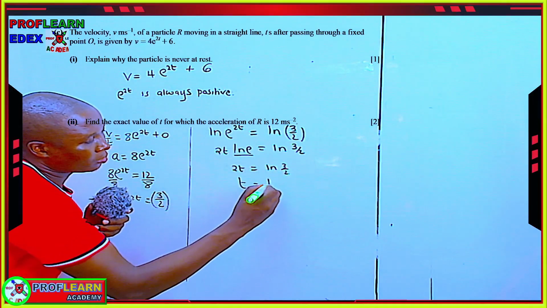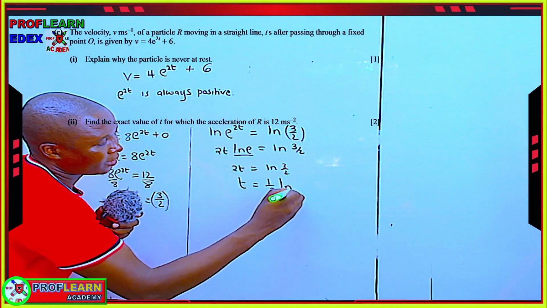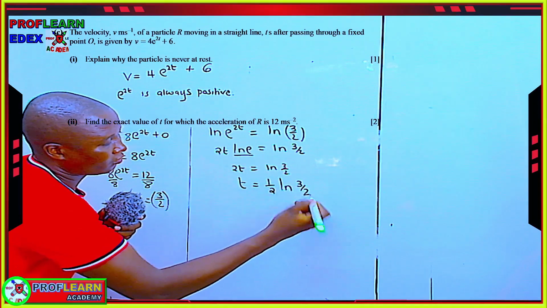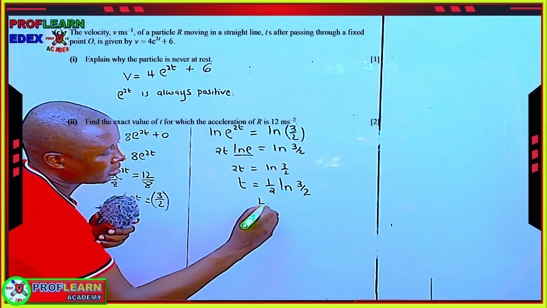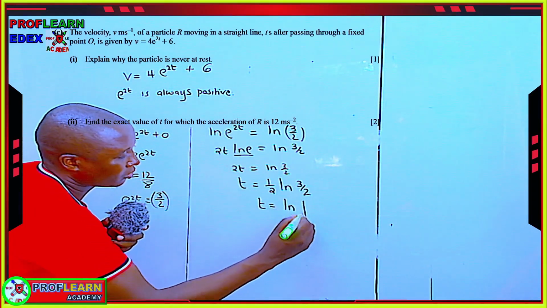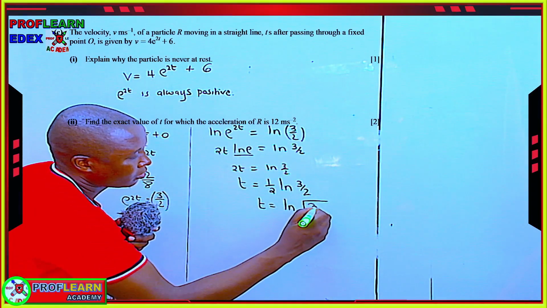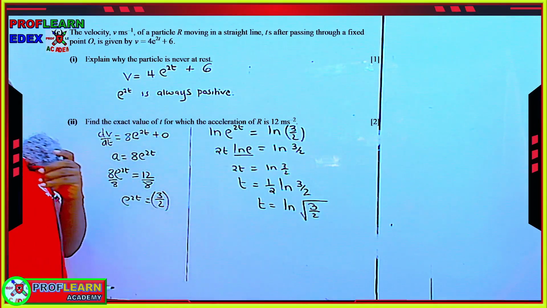Our t is 1 over 2 ln of 3 over 2. So we can also say our t is ln of the square root of 3 over 2 as our final answer.